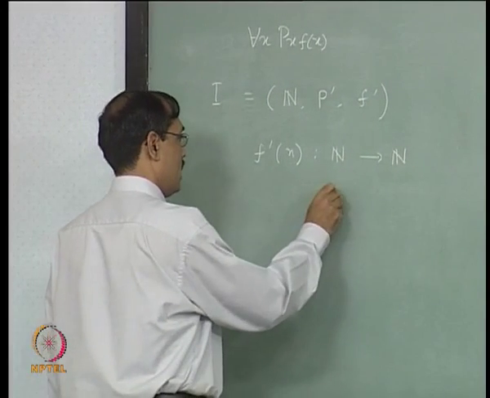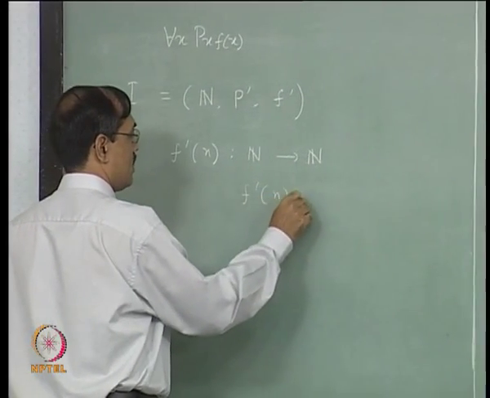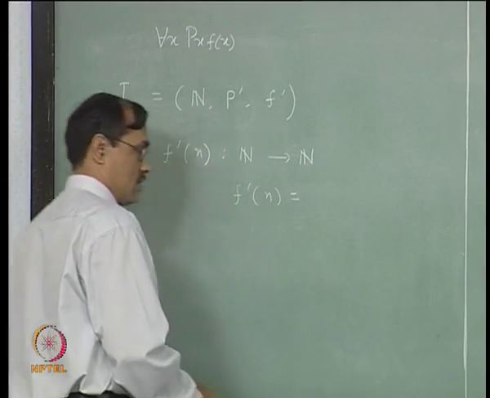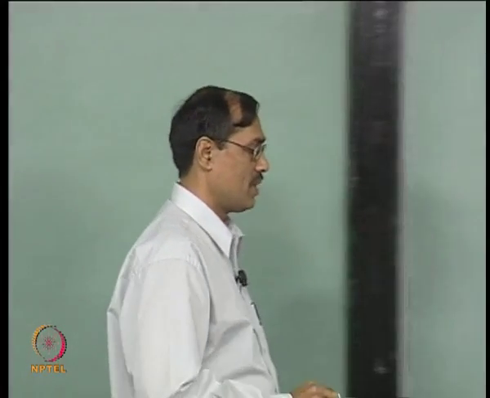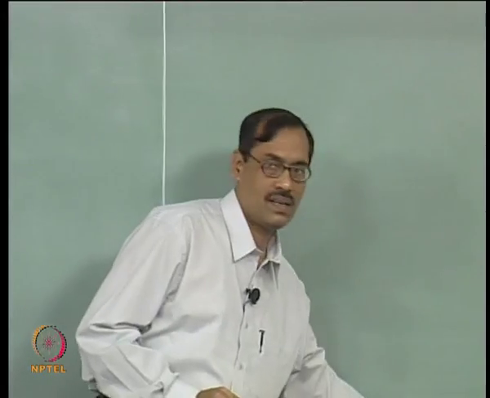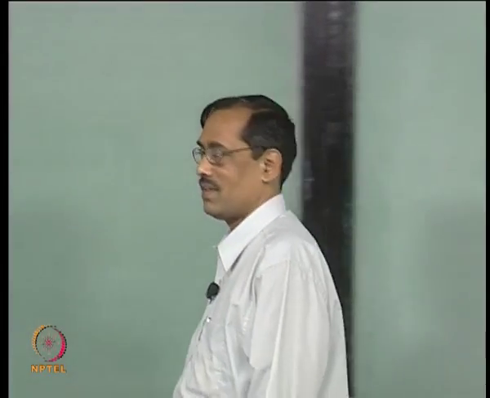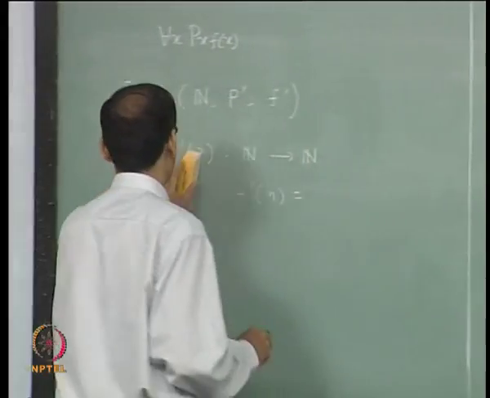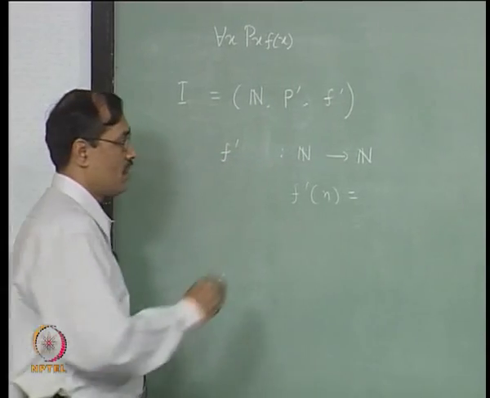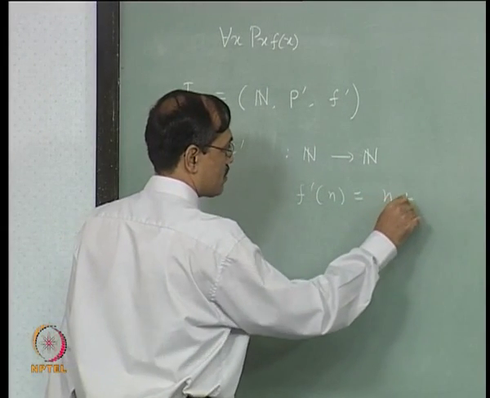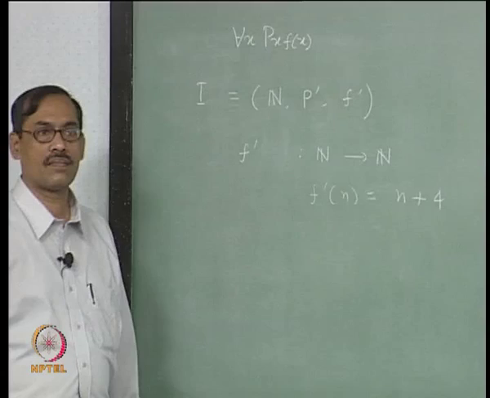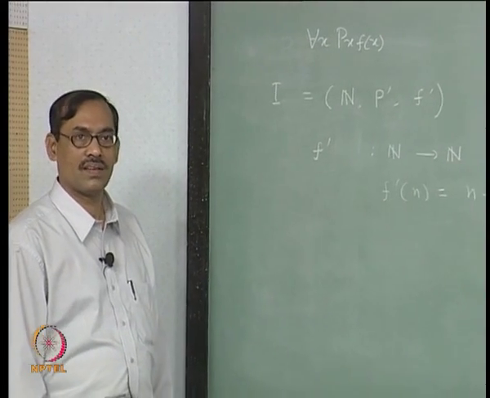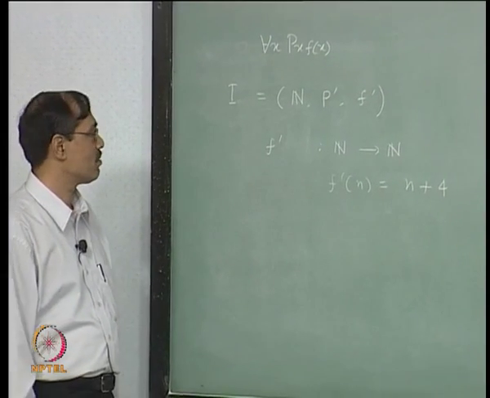So, now defined by, say, f prime of n equal to n plus 4. Okay, somehow we have to define it, let us say it is n plus 4.